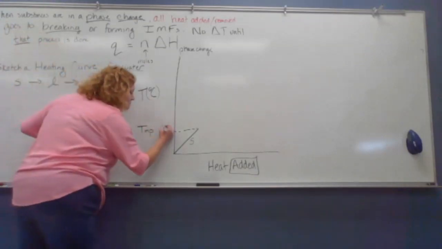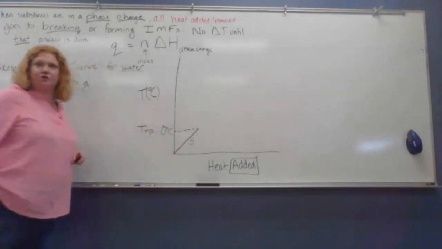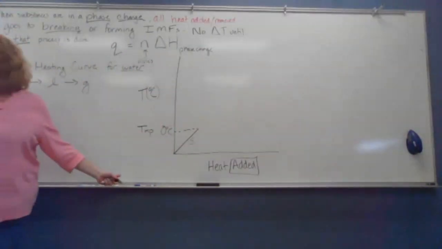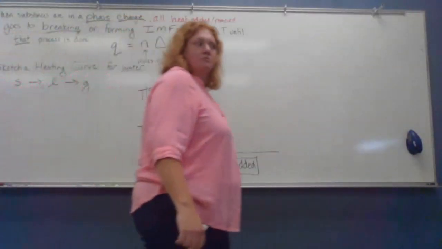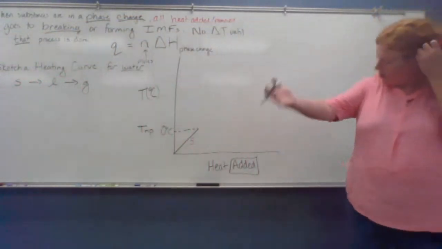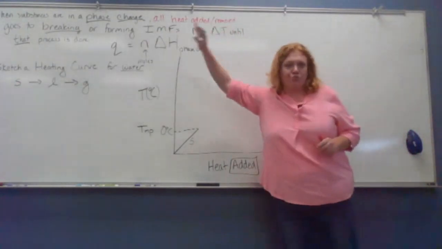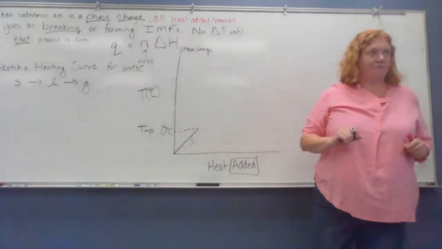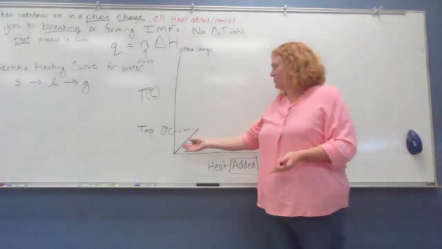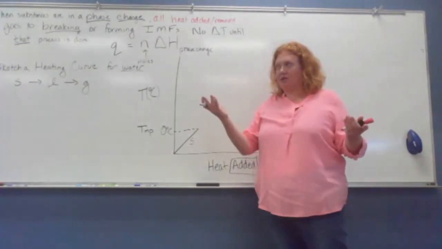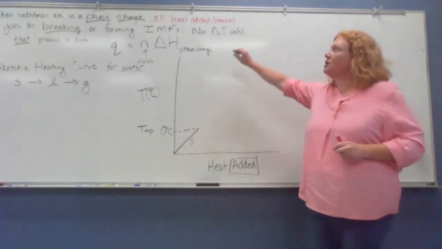So label that. For water, tell me what the temperature is. You know what it is now. What is it? 0. Okay, and so now that it's at 0 degrees C, what phase change will happen? What do we call the phase change when it's going from solid to liquid? Melting.